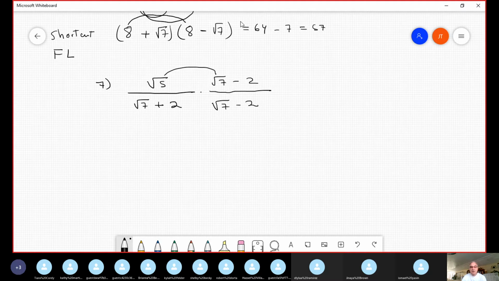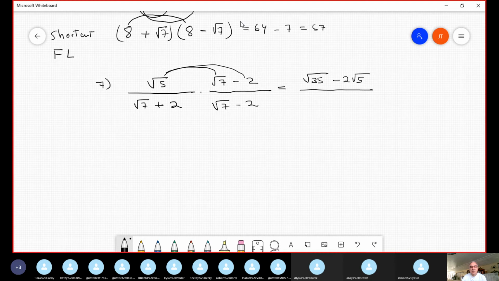The top part is easy. It's radical 35, because in this case the coefficient is 1 and 1. When you multiply 1 times 1 is 1, it's an invisible 1 here, right? And you multiply the numbers inside, it's 35. And this is 2 minus 2 radical 5.